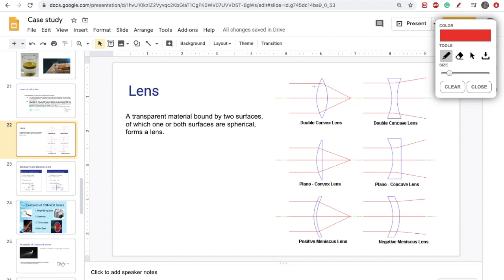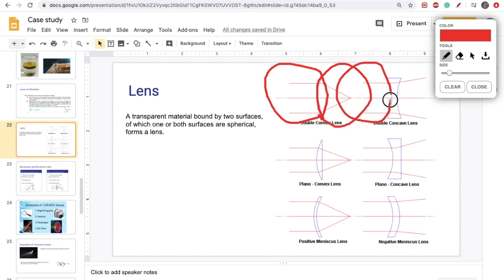So the light will come like this and it will pass through the lens. Here this surface was part of a sphere, and also this surface was part of a sphere. And here in concave, this surface also was part of a sphere, and this surface also was part of a sphere.